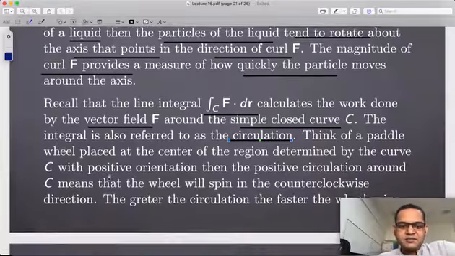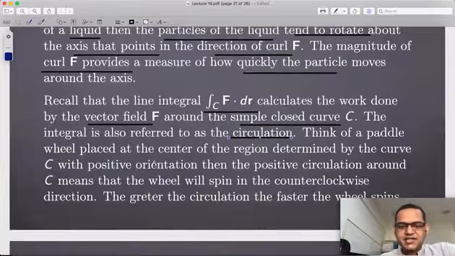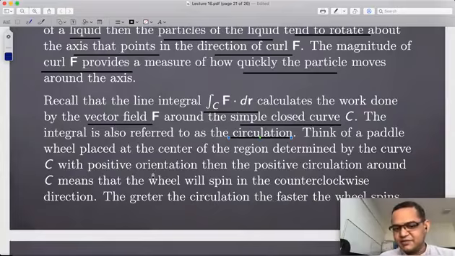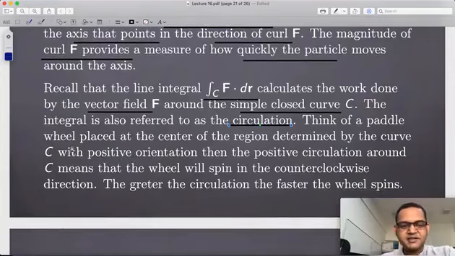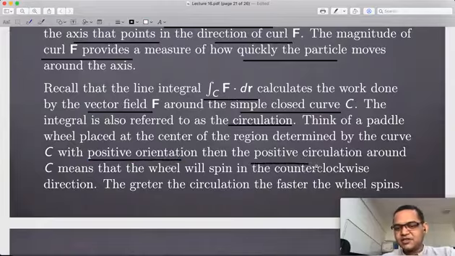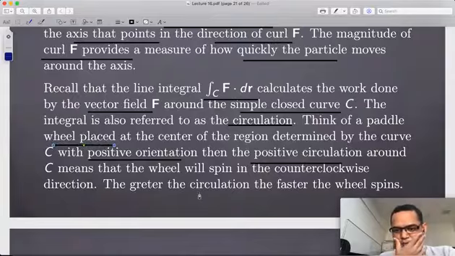You put a small wheel at the center of that region, so that you see how this wheel rotates and what you can deduce from this experiment. So you imagine that you have the boundary with the positive orientation, that means the counterclockwise direction. We want to see how this wheel spins or rotates.